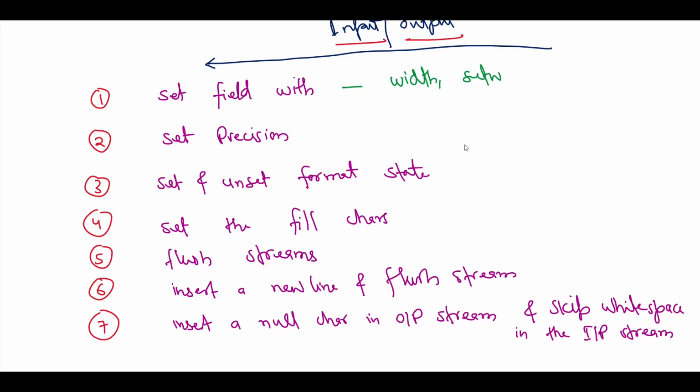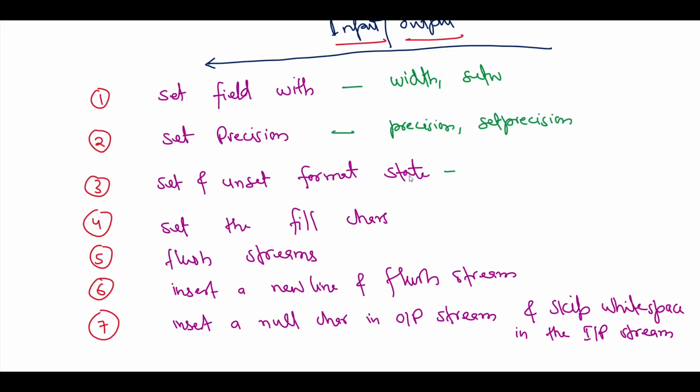You might not understand all these things right now, but later in this tutorial we are going to take some examples and implement all of them programmatically so that it's easier for you to understand. Precision can be set using precision and setprecision.